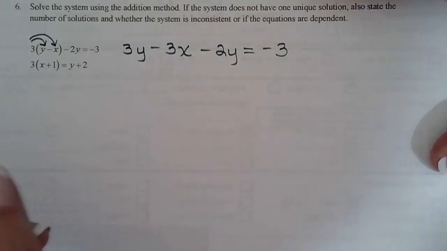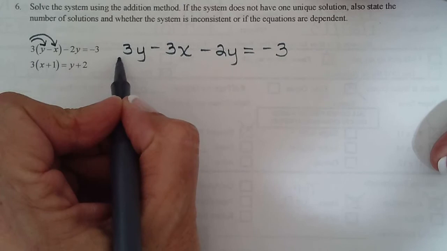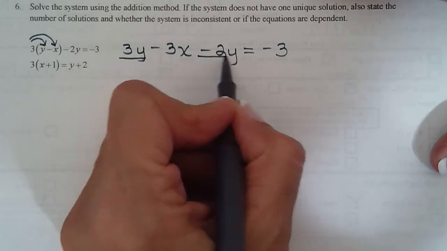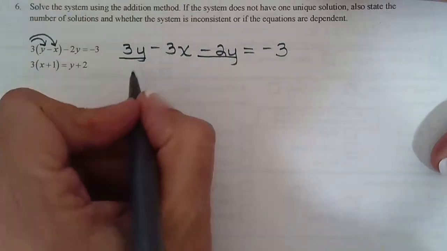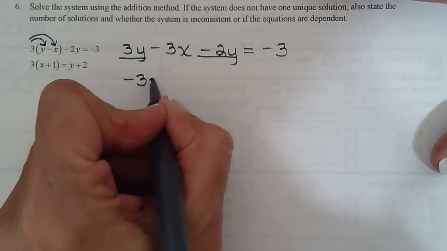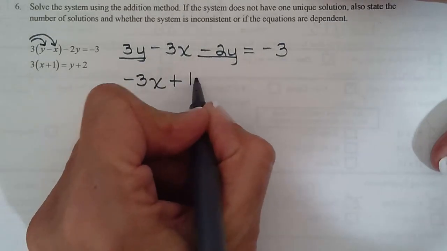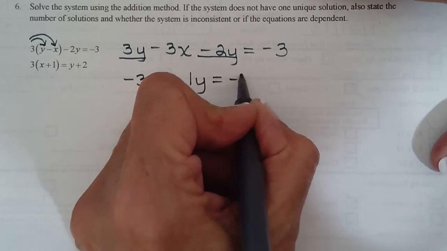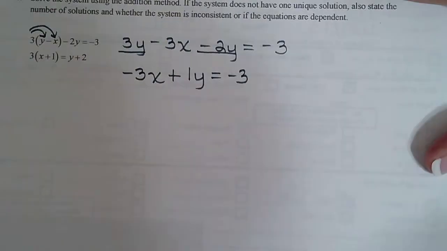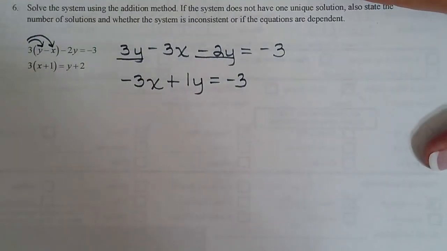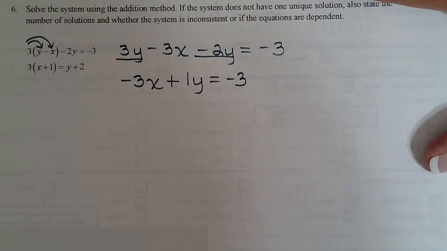So let's go ahead and get this one ready. These two are like terms. The x has to be out in front, so it's going to be negative 3x. 3y minus 2y would be plus 1y equals negative 3. So that one's all ready to go. It's in standard form. It has x and y in alphabetical order on the left, constant on the right.